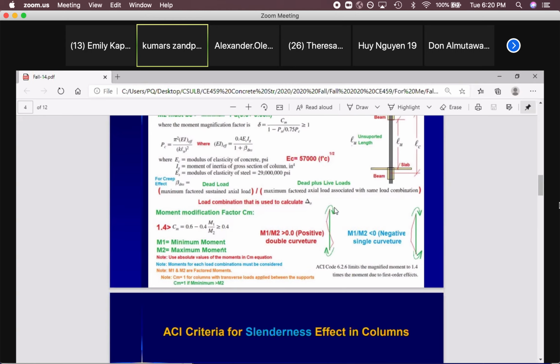And in the other one, you might get, again, double curvature or single curvature based on the analysis that you did and the loading that you had on the frame, and the answer that you got by hand or with the software. You have to read those and show them on your column to see which case you should consider negative or positive. Is that clear?